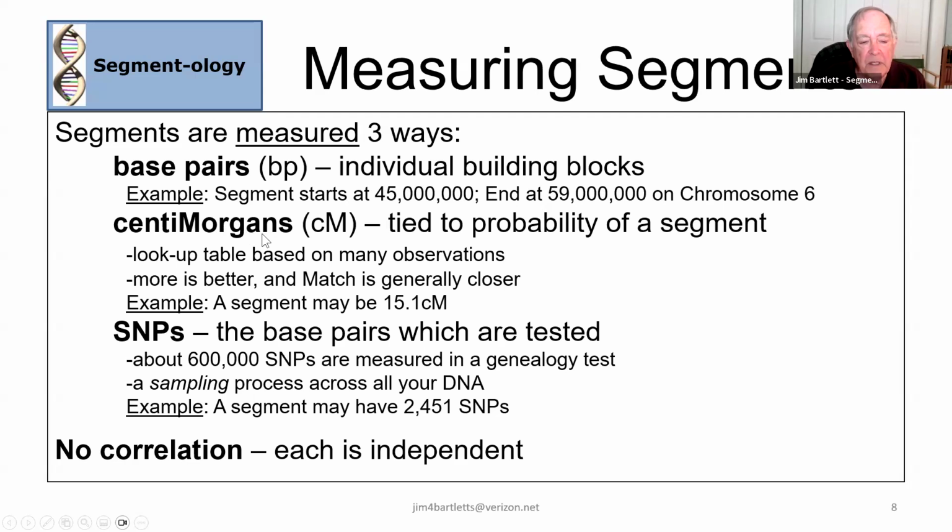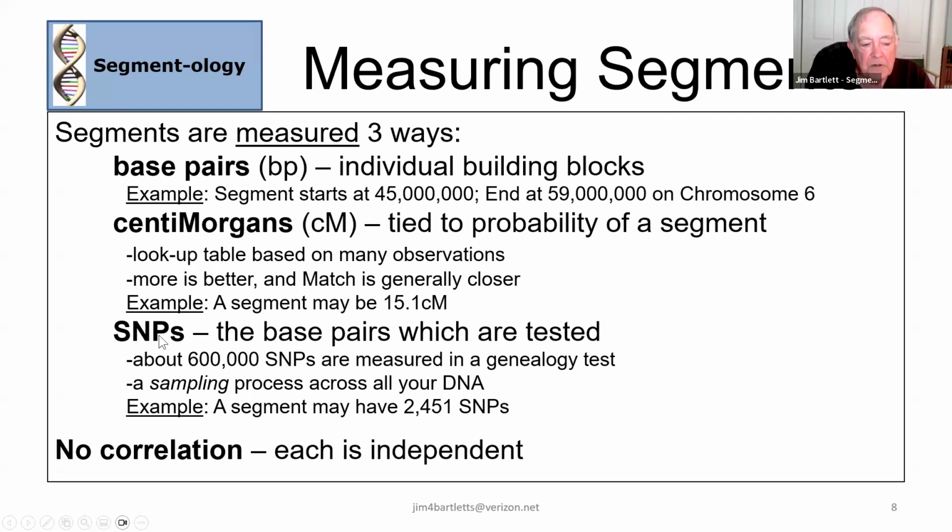We can measure it by centimorgans, which is tied to the probability of a segment. And it's a very obtuse way of doing it. There's a lookup table that's based on millions of observations that scientists have made. And so the companies look this up for us and tell us how many centimorgans are in a segment that we get. Okay, so let's say the segment's 15 centimorgans.